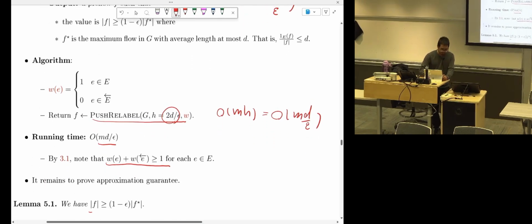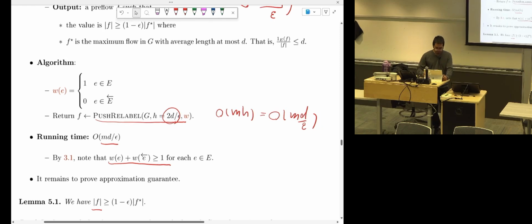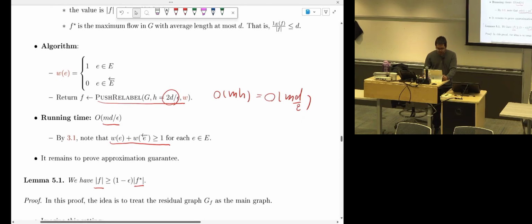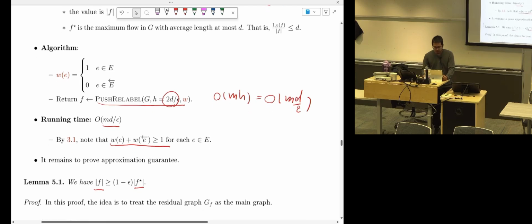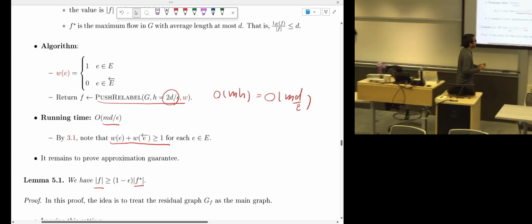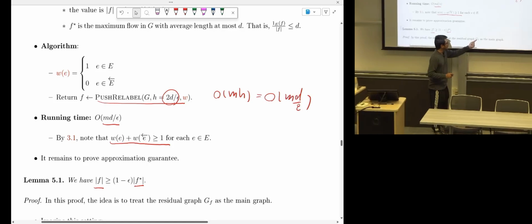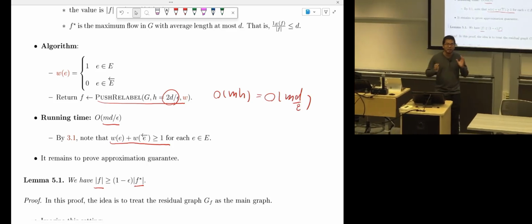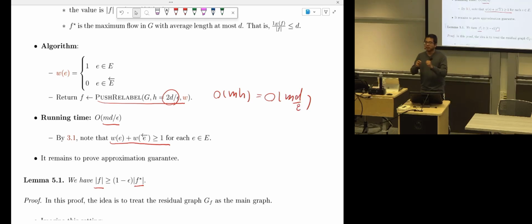So that's what I claim. The size of the flow is going to be as good as F star up to epsilon. Okay. And the idea in the proof here is to treat the residual graph GF as your main graph. Imagine that you start with GF, and then you try to send two flows in GF, one by one, and then sum them up.